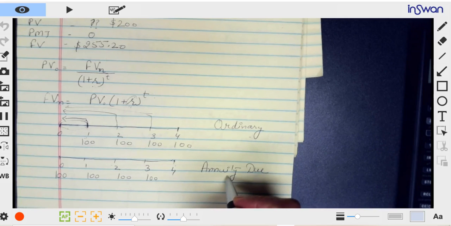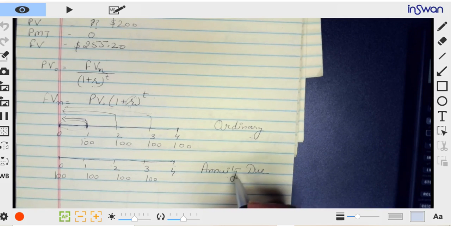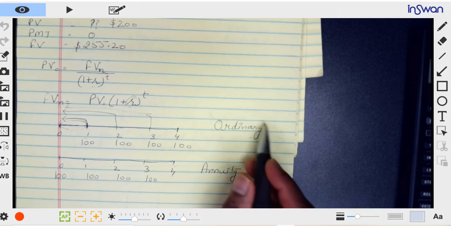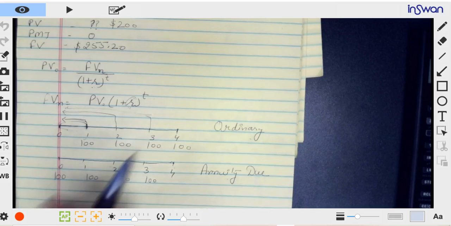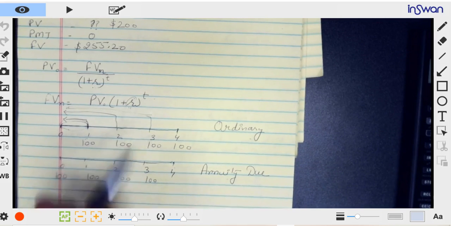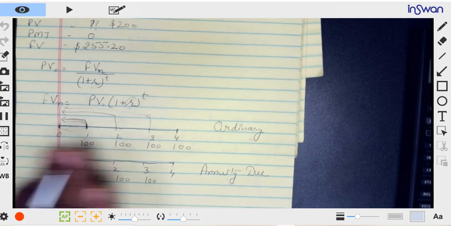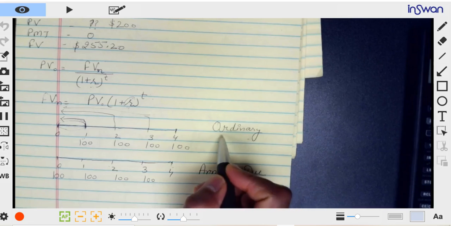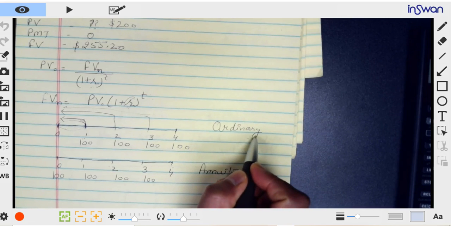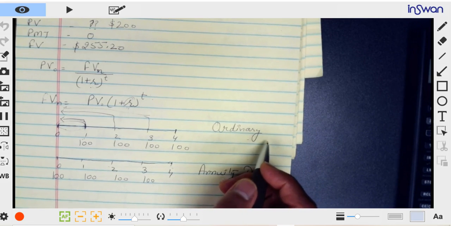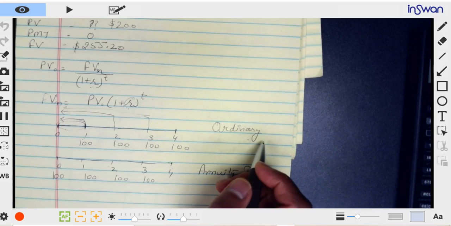If you change the setting to annuity due, for your financial calculator to solve other problems using ordinary annuity, you need to change the settings back. What I would suggest is simply calculate everything based on ordinary annuity and multiply that by 1 plus R. Now you will be thinking, why am I saying that?